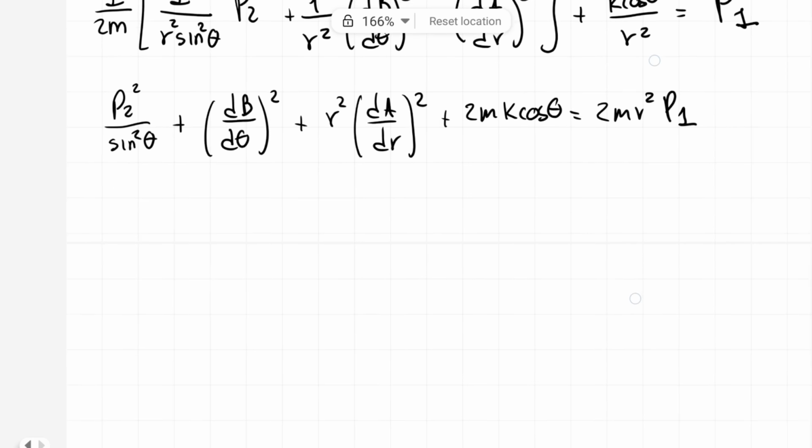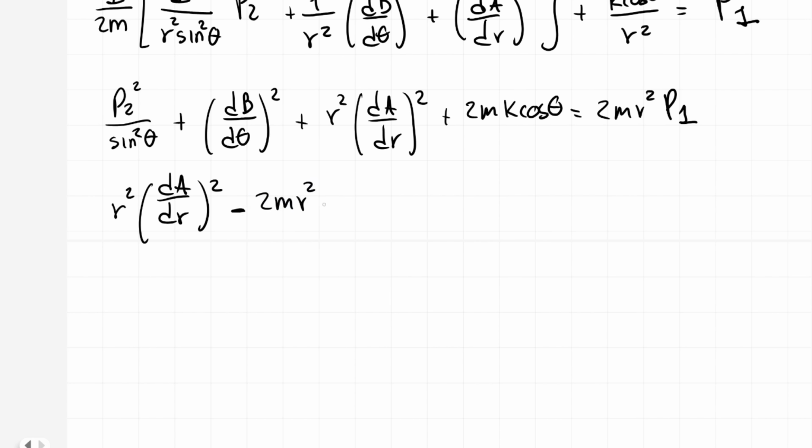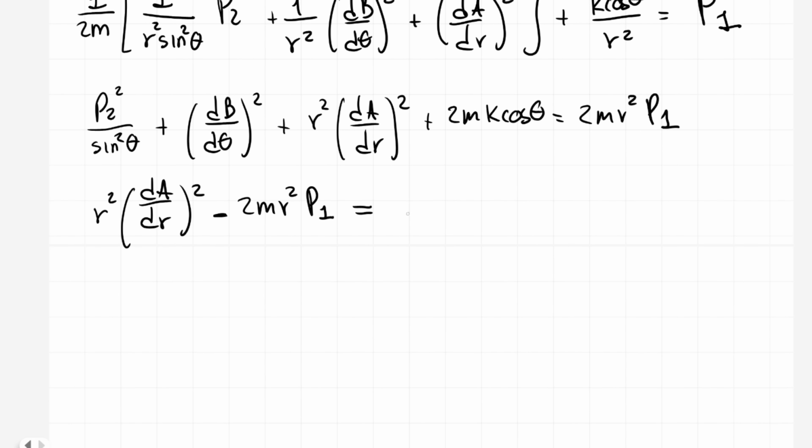So with this, we are going to put in the left-hand side of the equation the variables of r, and in the right-hand side everything that depends on theta. So we are going to get r squared, the derivative of A with respect to r squared, minus 2mr squared p1 equals, let's say this will be a constant.